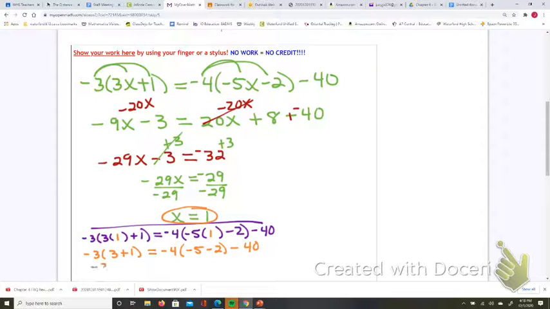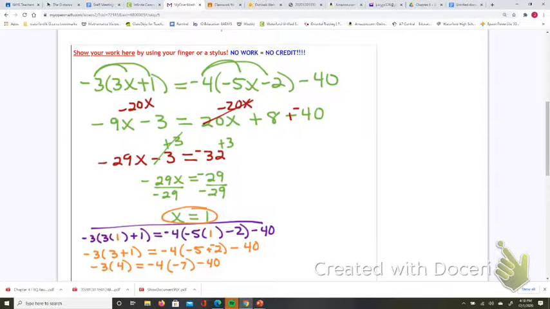Okay, now we have negative 3 times 3 plus 1 is 4 equals negative 4 times, okay, I'm going to change this to plus negative. So I have 5 negatives plus 2 negatives. If they're all negative, I add, so negative 7 minus 40.